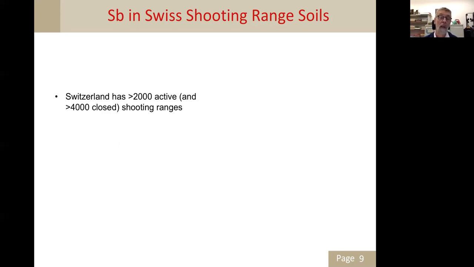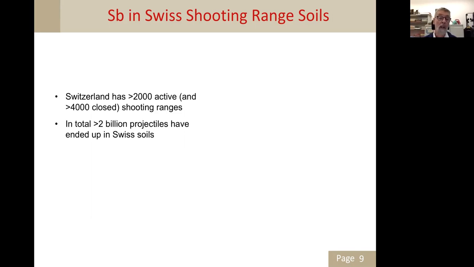There used to be more than 4,000, many have been closed in the meantime. There are still more than 2,000 active, and these shooting ranges usually have a length of 300 meters. So at one end people shoot, and at the other there's a stop butt where the ammunition is caught.